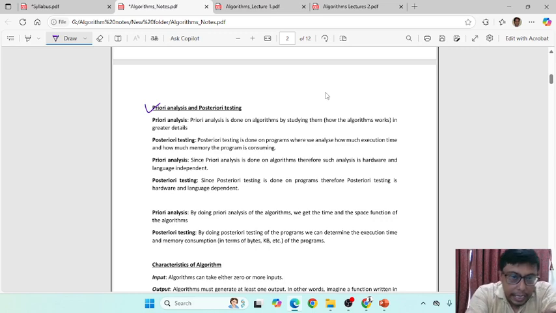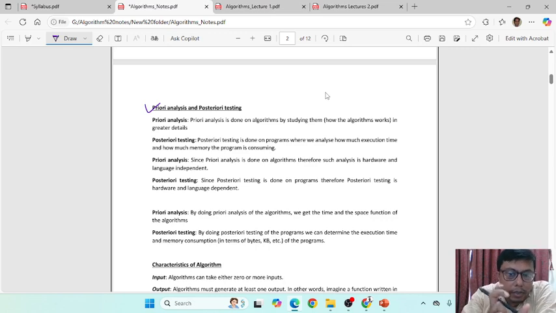And a posteriori testing is done on programs, which we analyze in terms of execution time and how much memory they consume. Execution time depends upon the input dataset. If the size of the input data is huge, it will take more execution time compared to a smaller one.